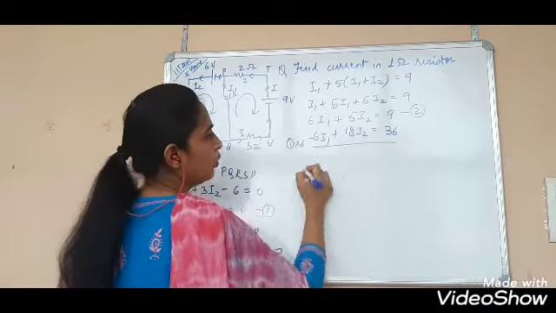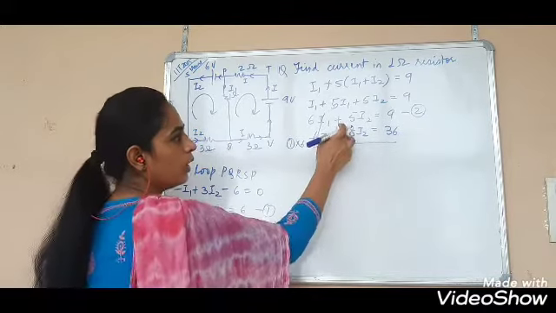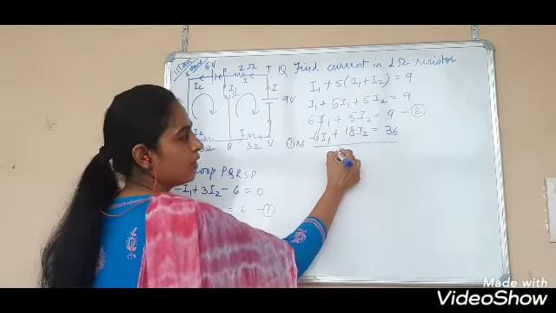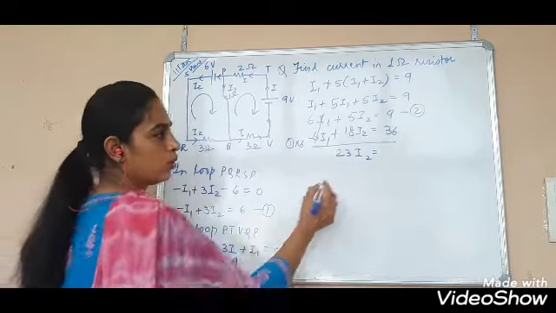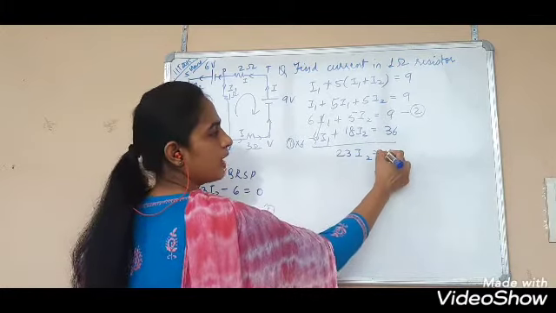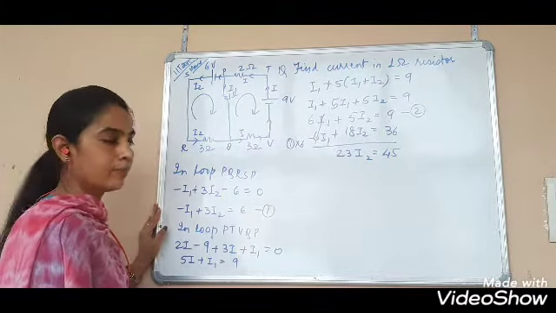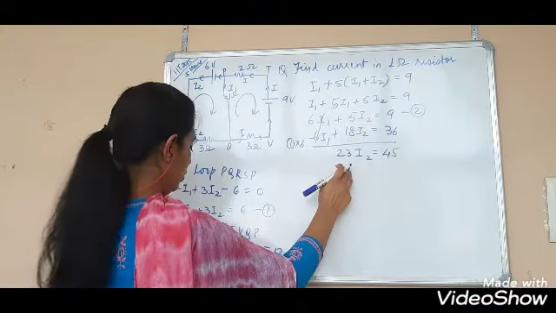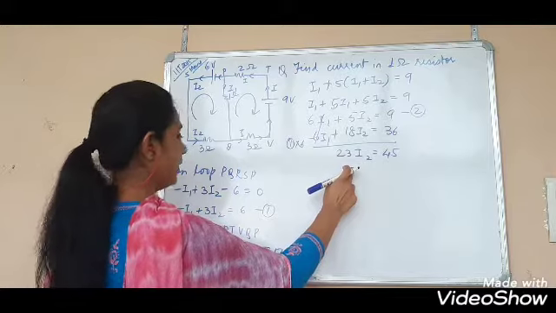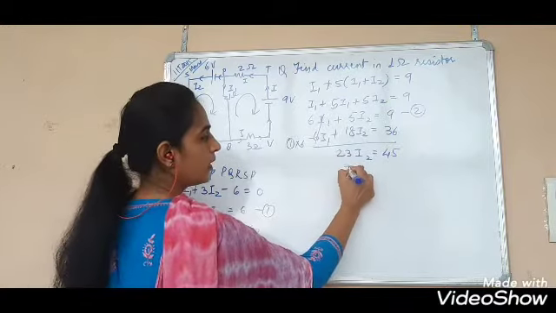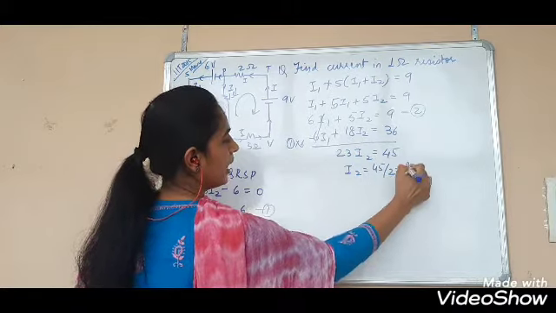And when you add both of them, 6 I1 minus 6 I1 will be 0. 18 plus 5, 23 I2 is equals to 36 plus 9, 45. So you get I2 is equals to 45 by 23 ampere.